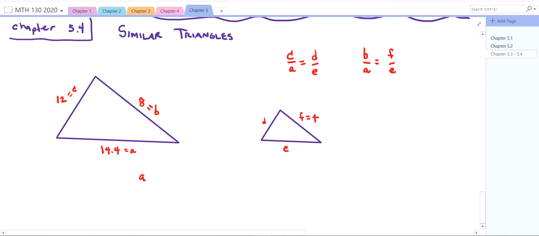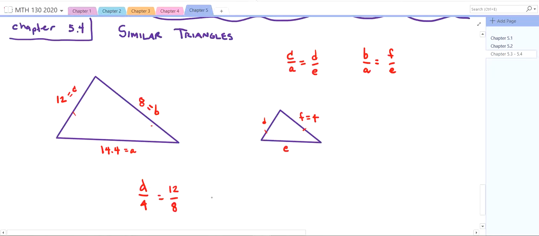For example, I could say D over 4, or D over F. So I choose this over that. I've got to choose this over that equals 12 over 8.